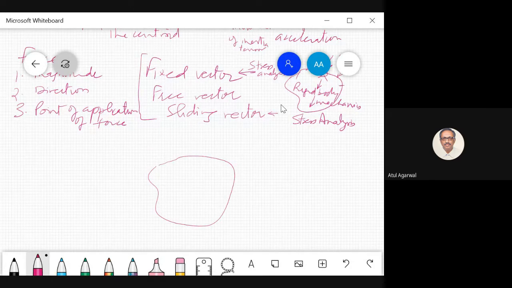For example, force is applied, you have applied forces like this. If you want to find the net force, you can find the net force by parallelogram law. You move the forces along its line of action, they are intersecting here, and now you find its resultant force by the parallelogram law.